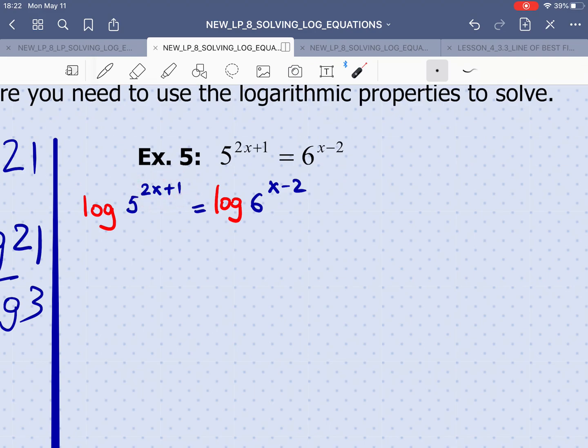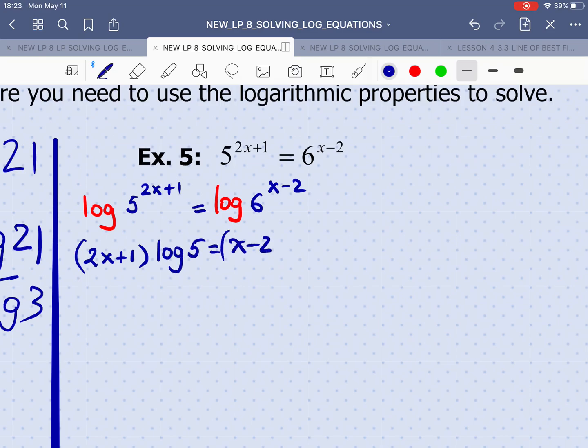And in the next step, we apply the exponent law of logs, which means we have 2x plus 1 times log of 5 equals x minus 2 times log 6. And now you see that we have a multiplication of a binomial with a monomial, one on each side.